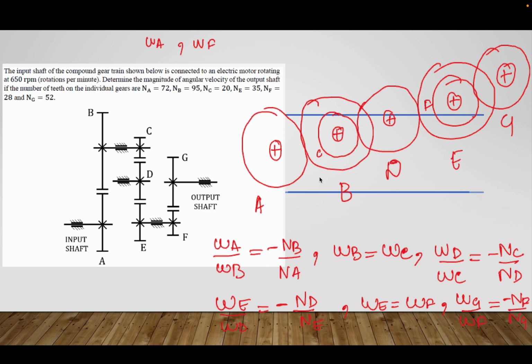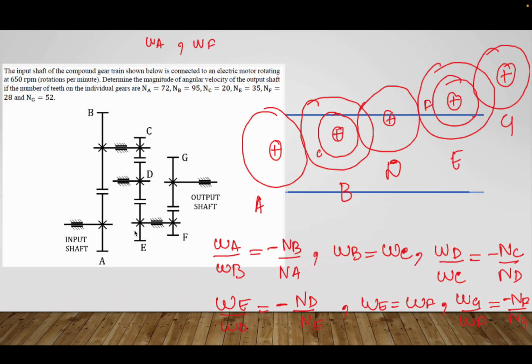That is what I have made here. Now see, gear B and gear C are connected by the same shaft, and so this is what I have drawn here. Now gear C and gear D also have different shafts which I have shown here, and gear D is connected to gear C. So that is why I have shown a contact here.